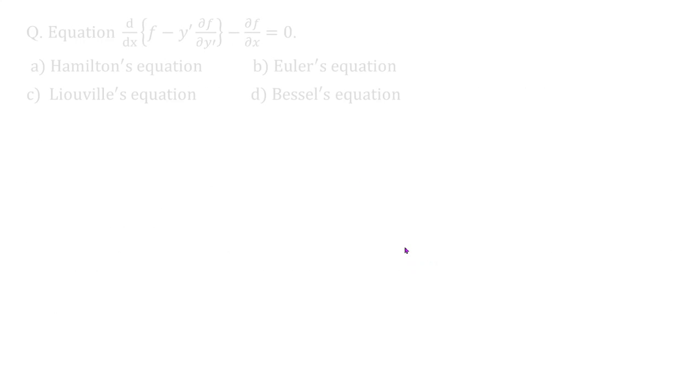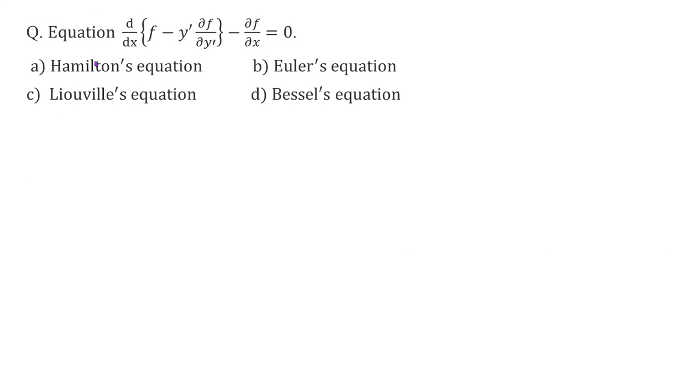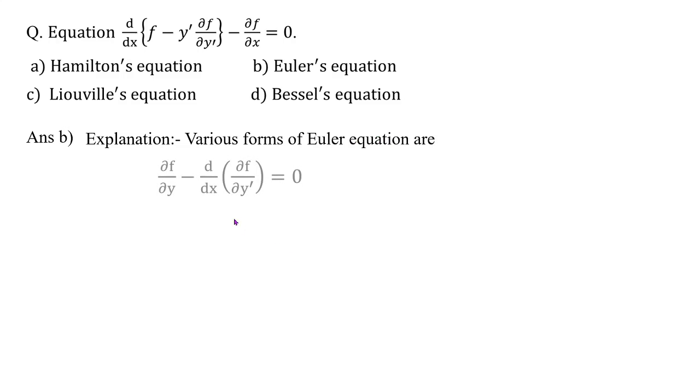Okay. Then next one: Hamilton equation, Euler equation, Liouville's equation, or Bessel's equation. We know there are various forms of the Euler equation. The standard one is del f by del y minus d by dx of del f by del y dash equal to 0. Then another form is this one.